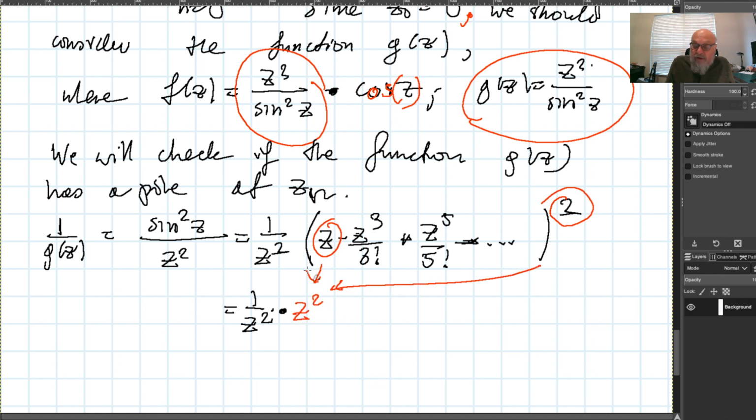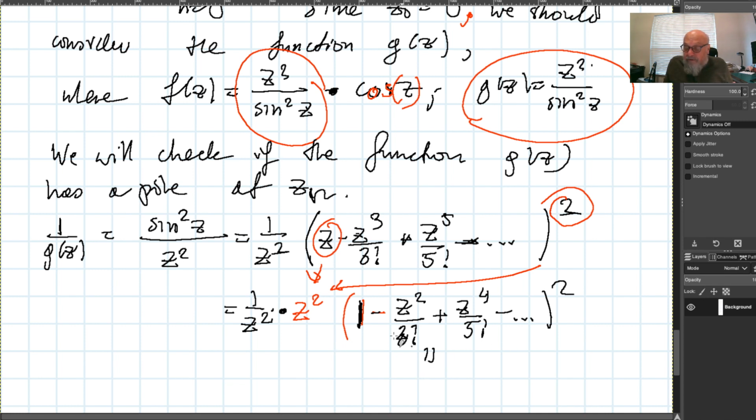That's two things, and the inside of that one will be 1 minus z square over 3 factorial plus z to the 4 over 5 factorial minus, everything squared. So of course, look, this is an analytic function because the power series is convergent here.